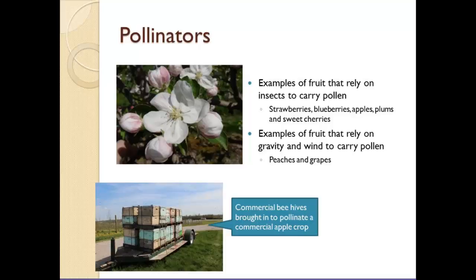Also, even weather affects some of our pollinators. There are times when, while we're in bloom, if it's extremely wet and rainy, some of our pollinators just don't go out and do their job. So there's a possibility that we have reduced pollination just because of weather conditions as well.